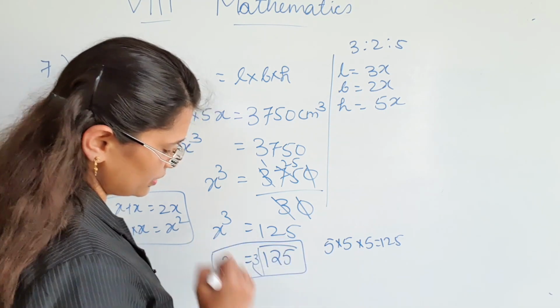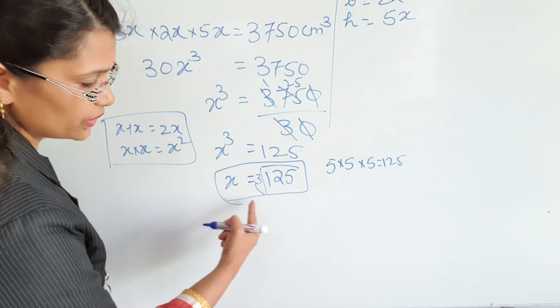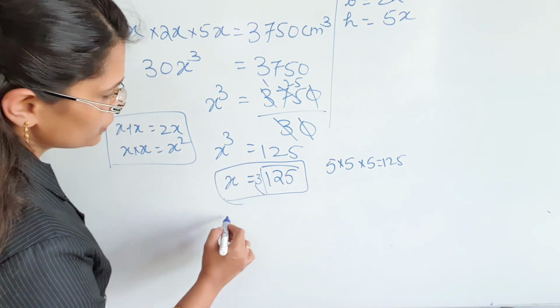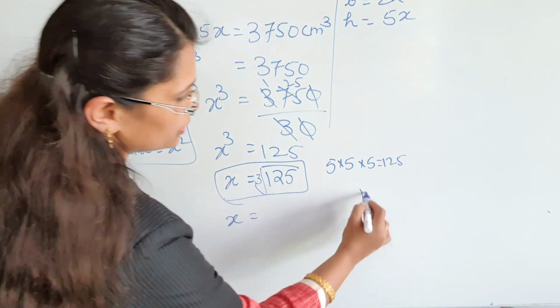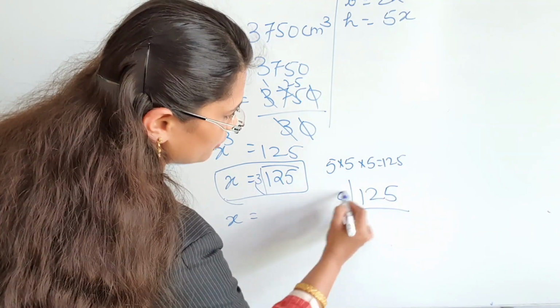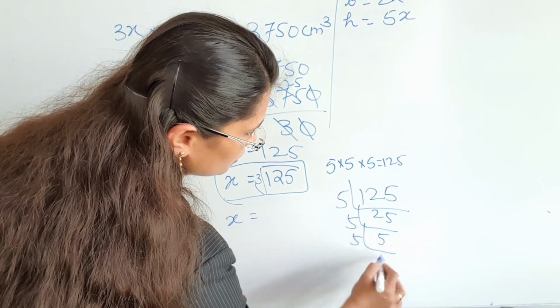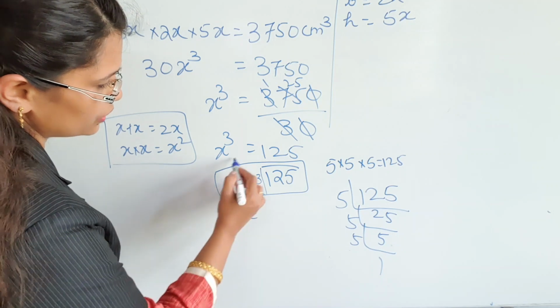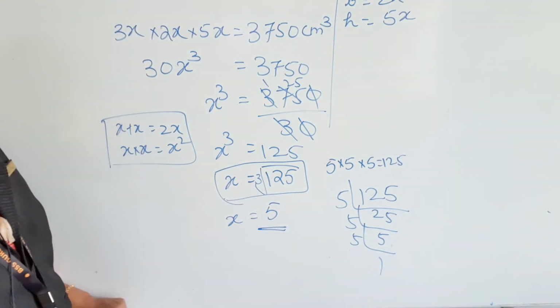This is just for understanding, for higher grades only. So x cube is equal to 125, 5 three times. X is equal to 5.